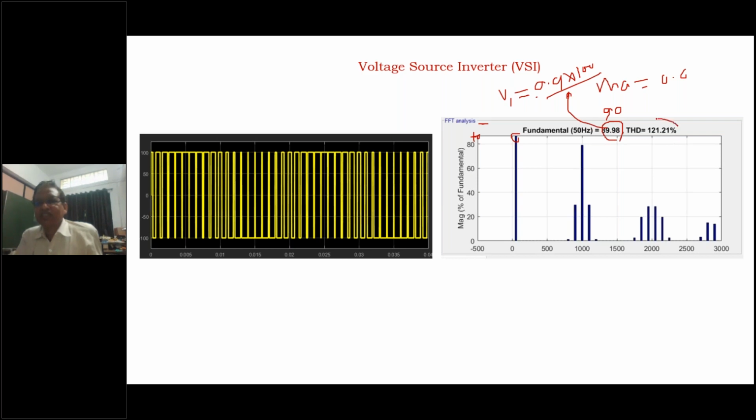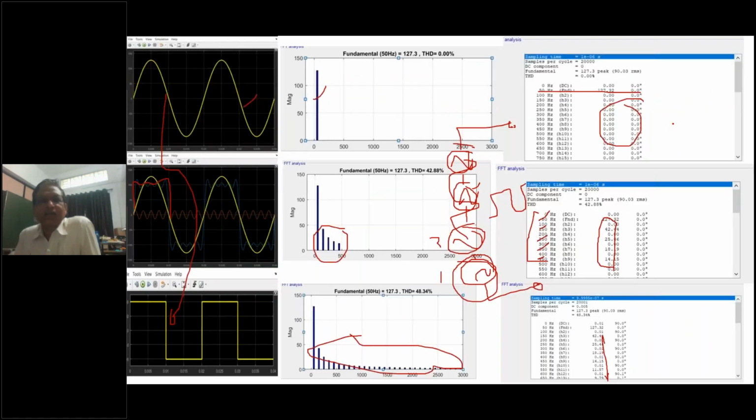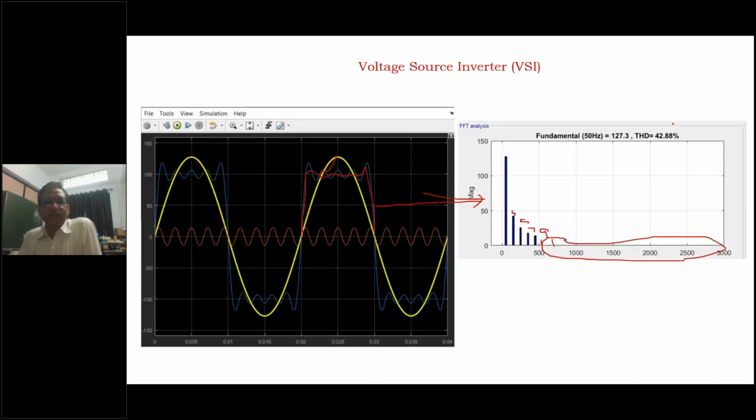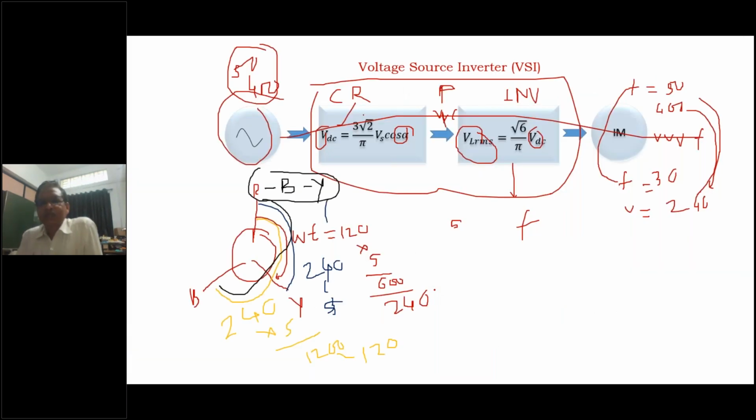What about THD? It is 121%. We will go back and see the THD in a square wave. Where is the square wave? Right, the square wave. What is THD here? Total harmonic distortion is 48.3%.